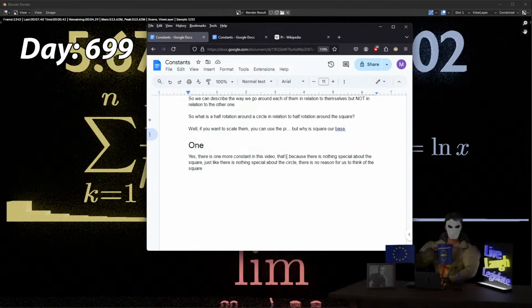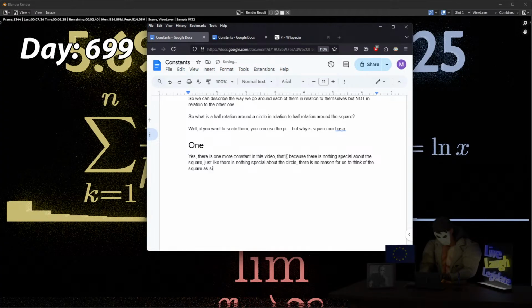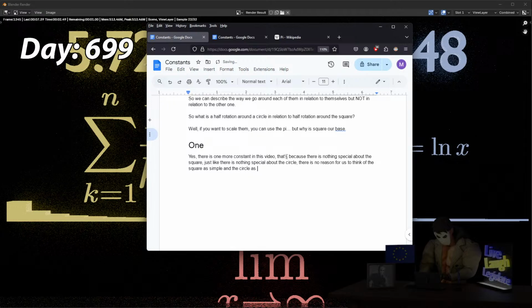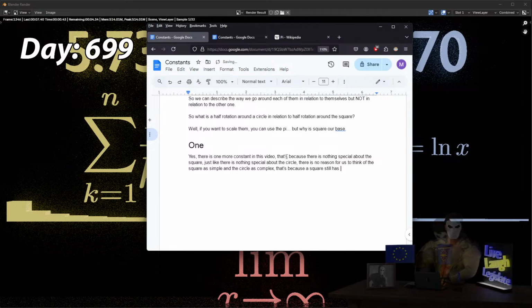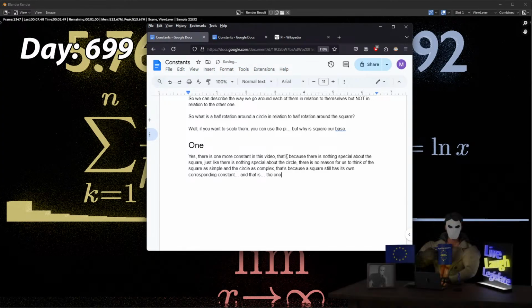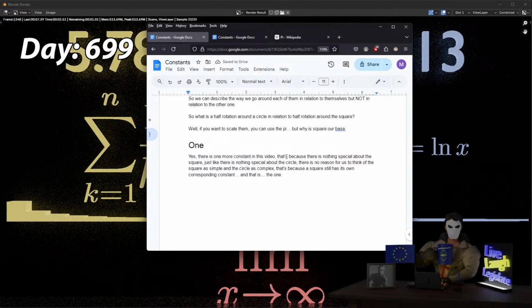Cool. And the square as simple and complex. Its own constant. And that is the 1. Okay, and now the point of the video. To explain the point of the video, how would I?